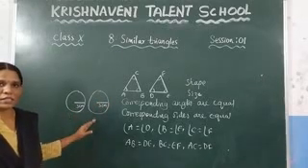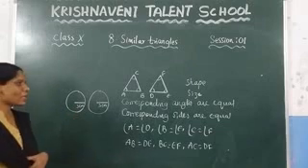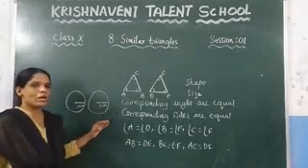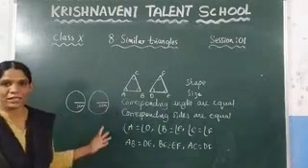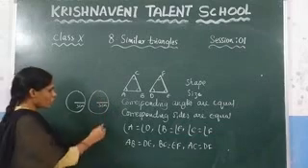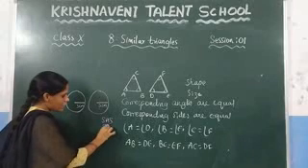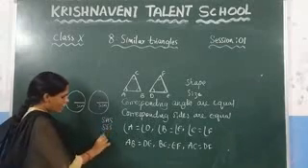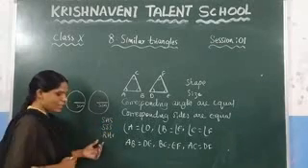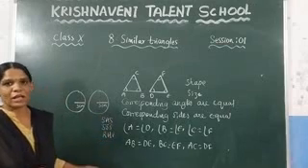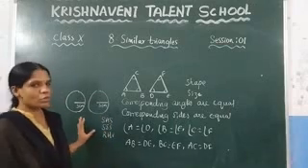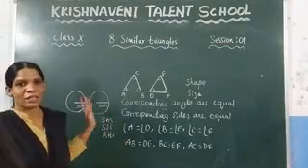So we can say that it is an example of congruency. And in the last classes you have already learned so many criteria of congruency: SAS, side angle side, SSS, side side side, and RHS, right angle hypotenuse side. These all you have learned, and we are going to use all these concepts in these similar triangles.